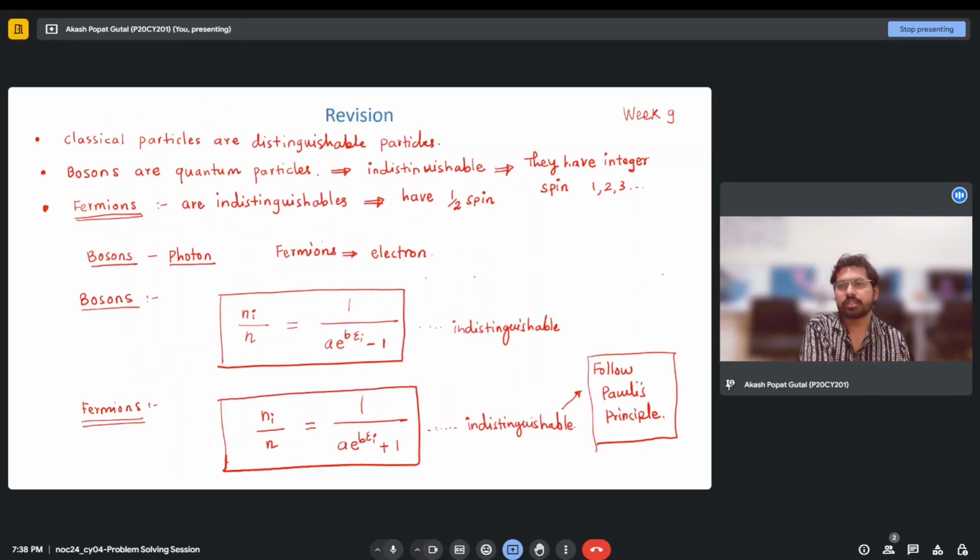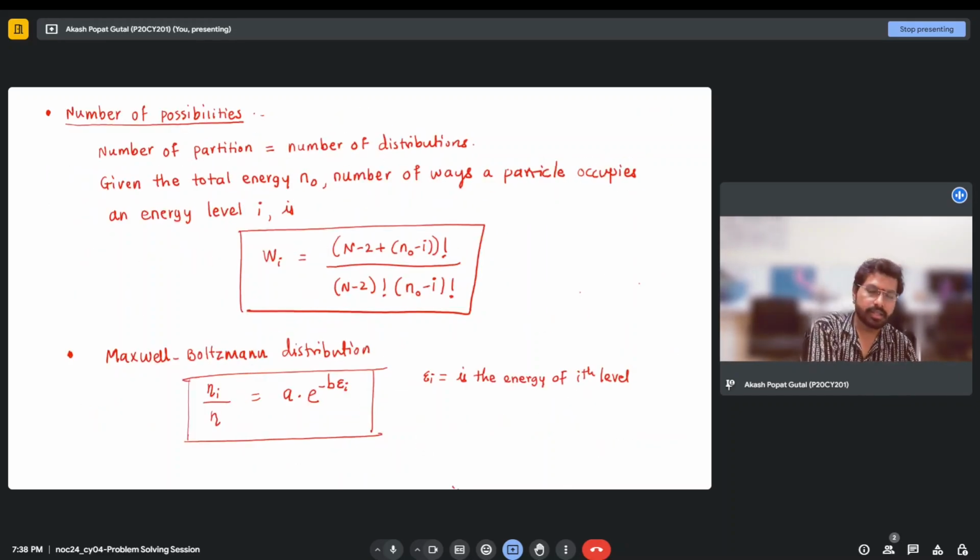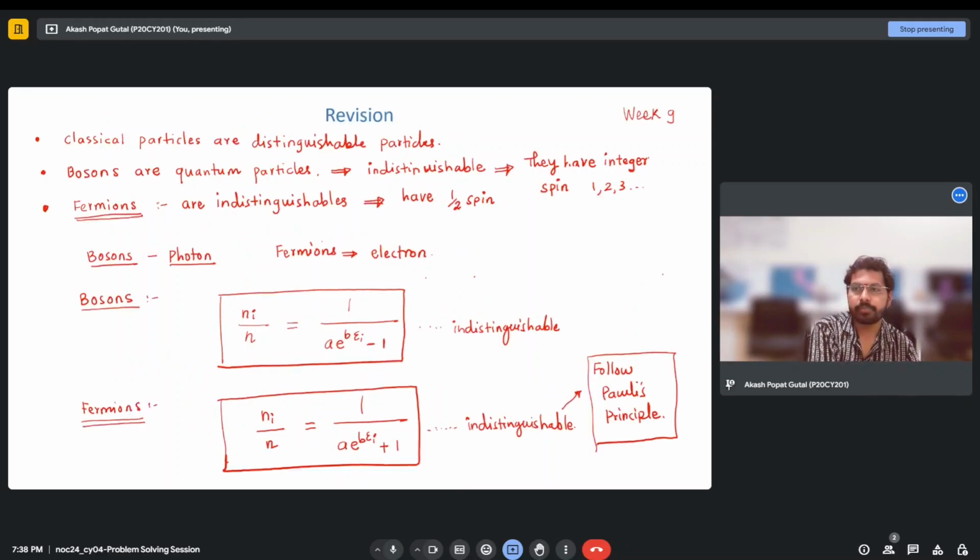And we define the Maxwell-Boltzmann distribution and its constants also, where beta is nothing but 1 by k_B T. So we define how bosons, fermions and classical particles are distributed, as fractions.